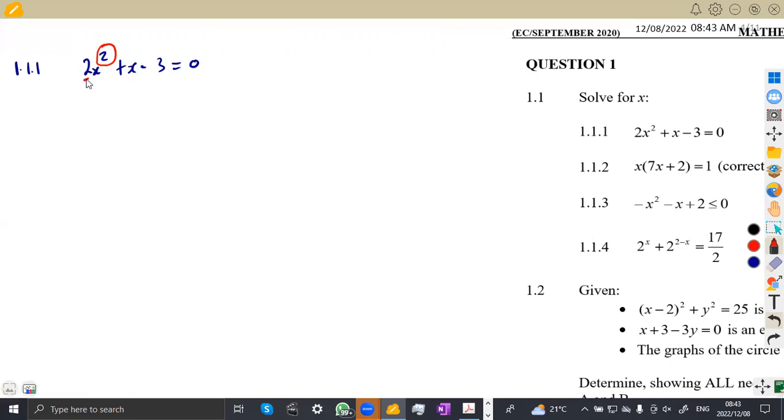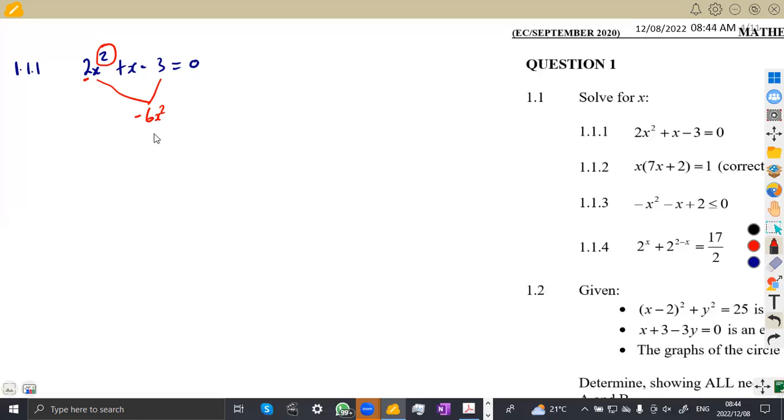Since the coefficient of x squared is not 1, we are forced to multiply the first term by the last term, 2x squared times minus 3, which is going to give you negative 6x squared. So your focus is to find the factors of negative 6x squared.